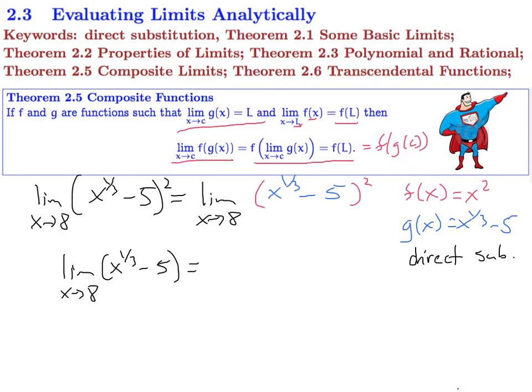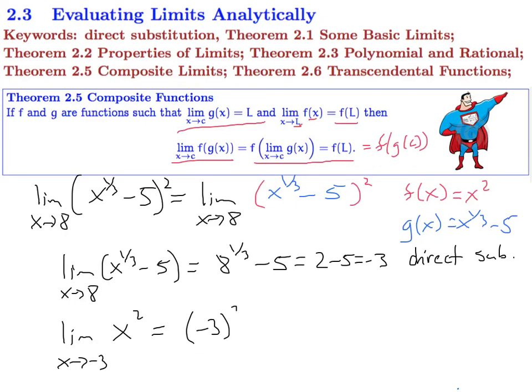We substitute in, and we get the cube root of 8 minus 5, which is 2 minus 5, which is negative 3. Then we compute the limit as x approaches negative 3 of our outside function x squared, which equals negative 3 squared, which ends up just being 9. So overall, our original answer is going to be 9.